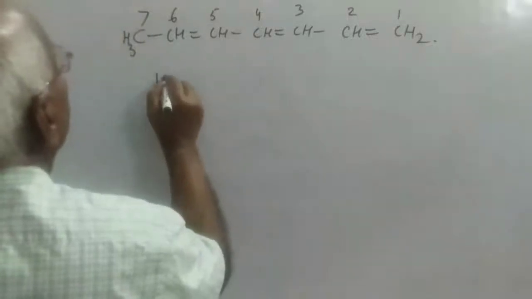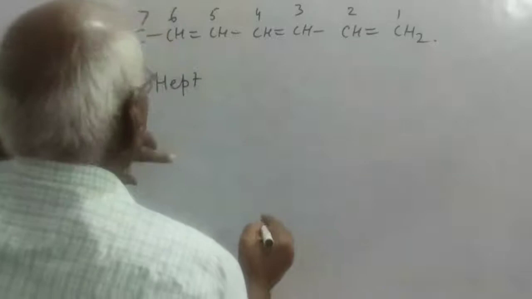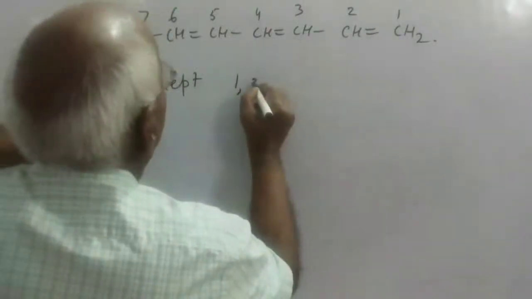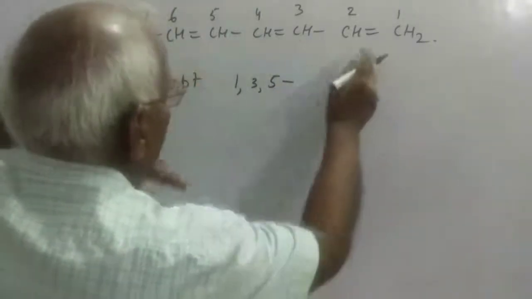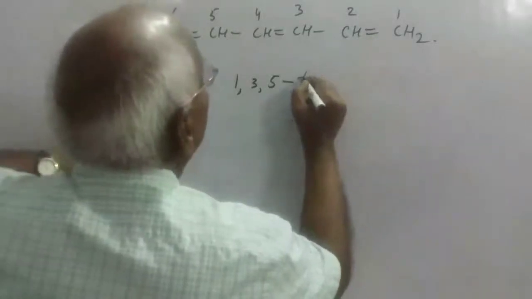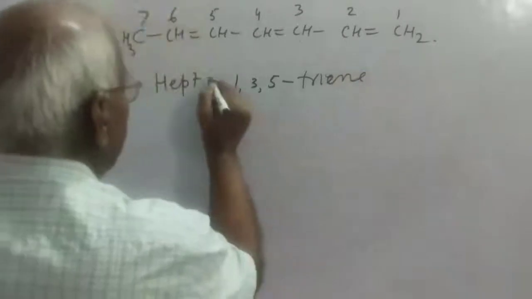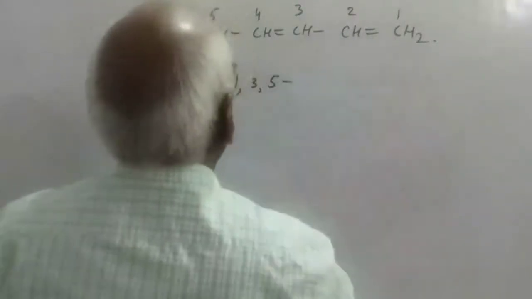So its root word is hept. The location of the double bonds is 1, 3, 5. If it is 1 double bond, it is ene; if 3 double bonds, it is triene. So it is hepta-1,3,5-triene.